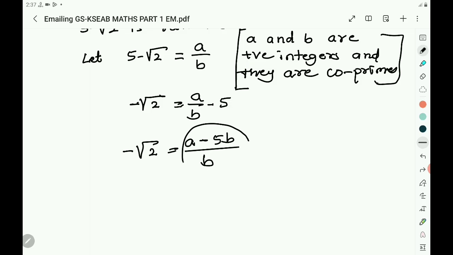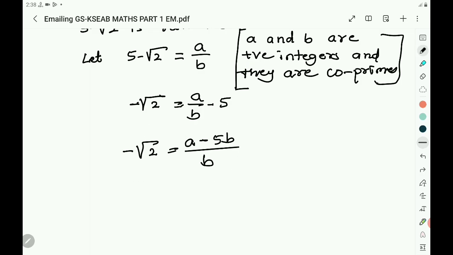As A and B are positive integers, A minus 5B by B is rational. As the RHS A minus 5B by B is rational, the LHS minus root 2 must be rational.